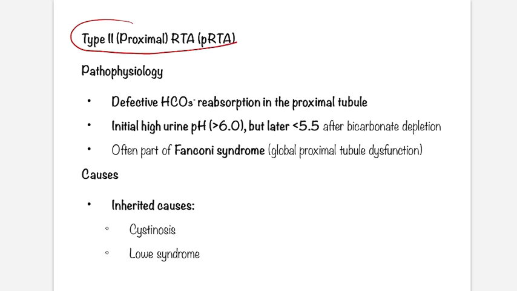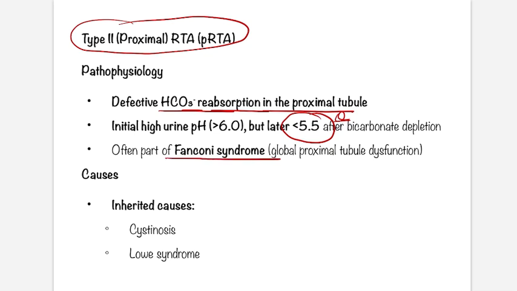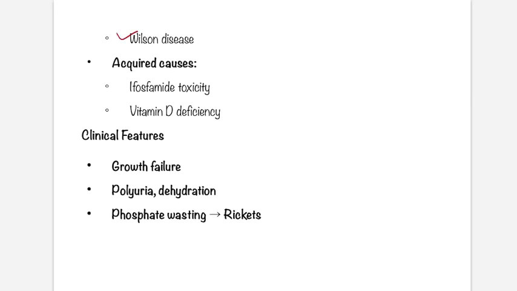Type 2 proximal RTA, again defective bicarb reabsorption in the proximal tubule, leading to urine pH less than 5.5. Many causes are there, but they are mostly associated with Fanconi syndrome. Causes are cystinosis, Lowe syndrome, Wilson disease, drugs like ifosfamide toxicity, vitamin D deficiency. Clinical features are the same, along with phosphate wasting and rickets.